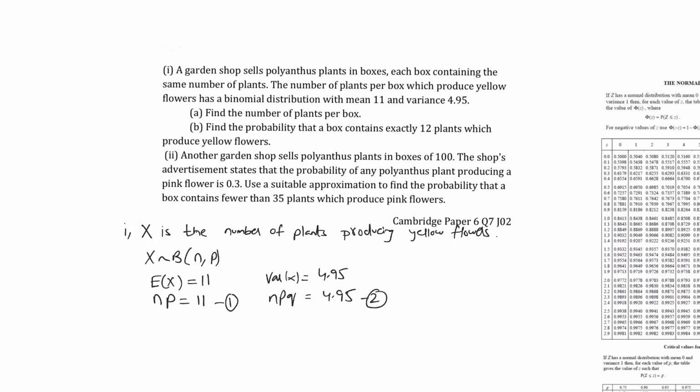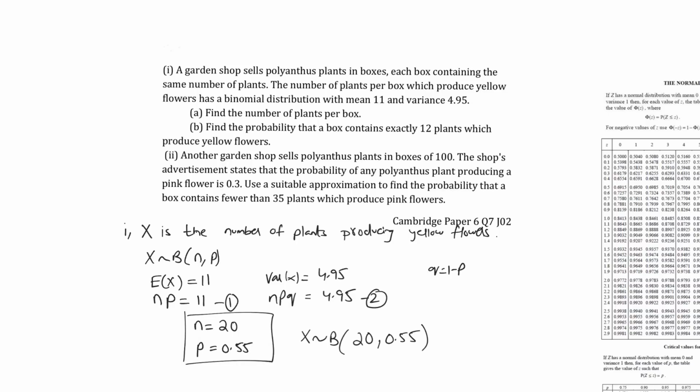Substitute it in the next equation. You need to remember that q is equal to 1 minus p. So when you solve these two equations, you get n as 20 and p as 0.55. These are your results. So x follows a binomial distribution with 20 plants, and the probability that a plant will produce a yellow flower is 0.55.